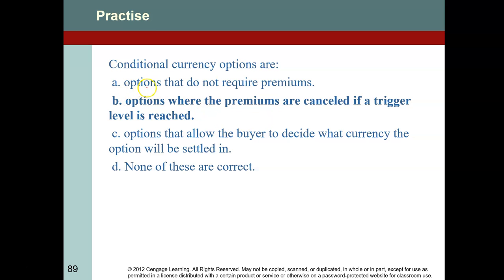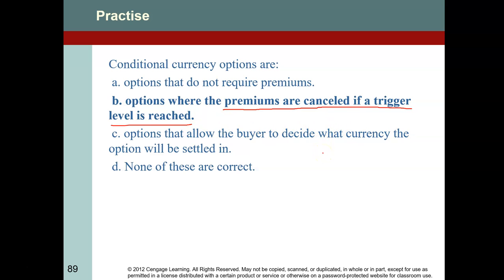It's not saying that the option does not require premium. It's not saying that the option allows the buyer to decide what currency the option will be settled in. It is saying that we do not pay the premiums anymore if a trigger level is reached.